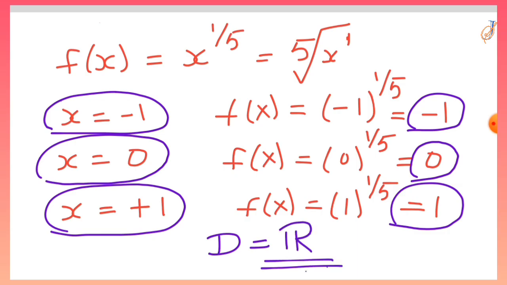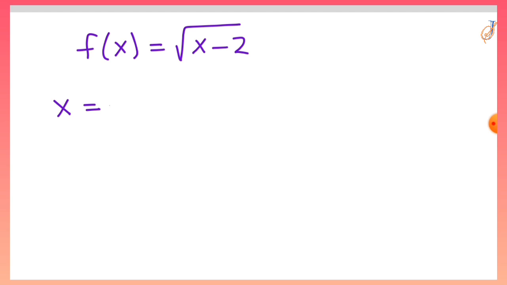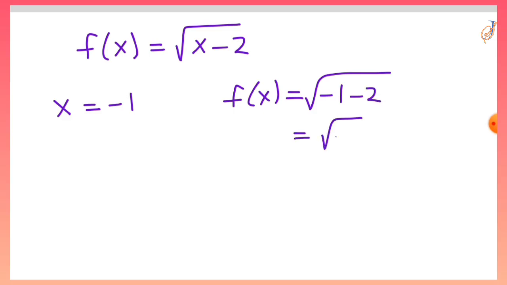But what about the even radical functions? We will see that. Suppose we have a function square root of x minus 2. If you plug x as a negative number, say x equal to minus 1, then f of x is going to be square root of minus 1 minus 2, which gives square root of minus 3. And we know that minus 3 we can represent as minus 1 times plus 3.